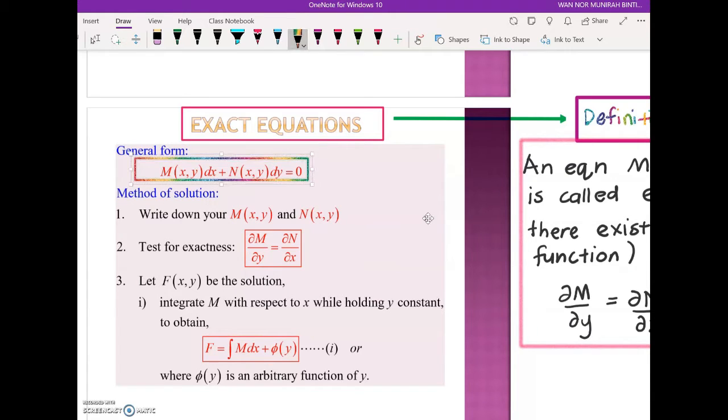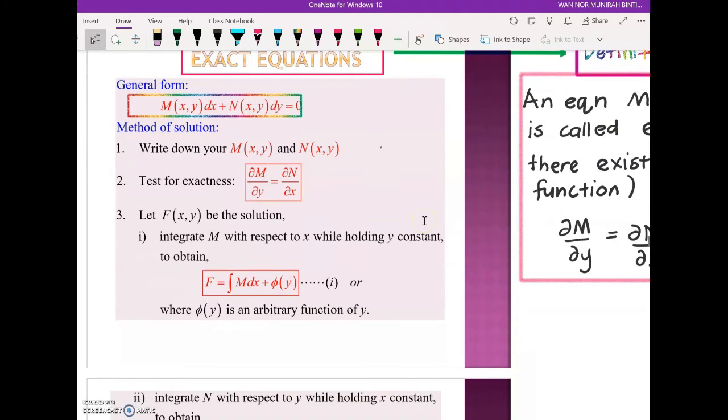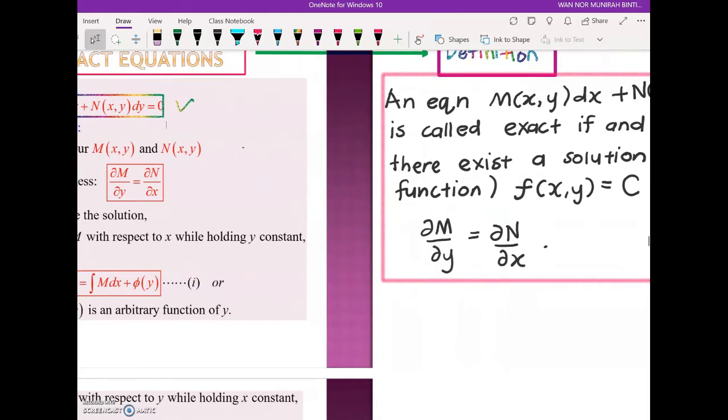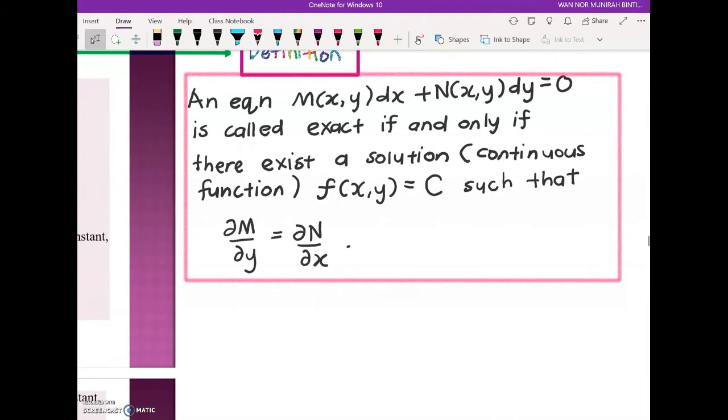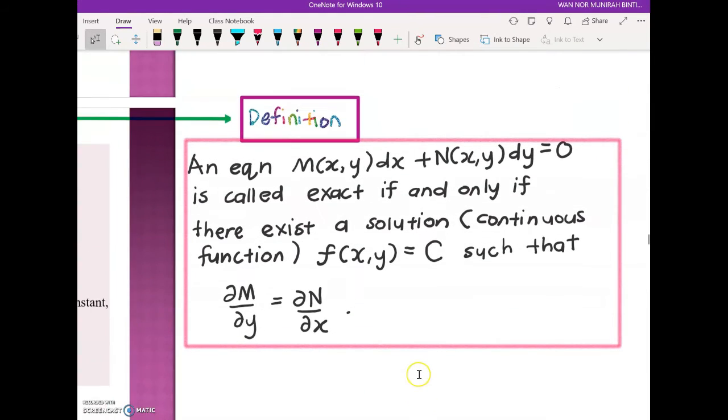Note that the general equation must always be in the form of a plus or positive sign. Alright, so now when you have M dx plus N dy equals 0, you can see that you have an exact equation. I give you one definition here.